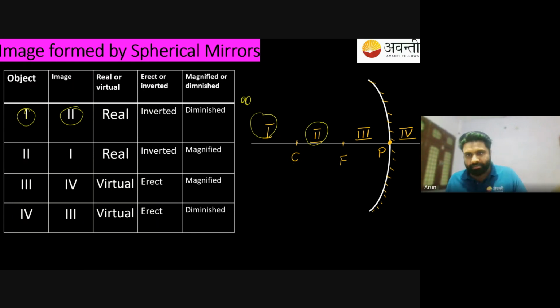This side will be the left hand side. So if the image is formed on the left hand side of the pole, this will be a real image. ठीक है, so the image here will be real.